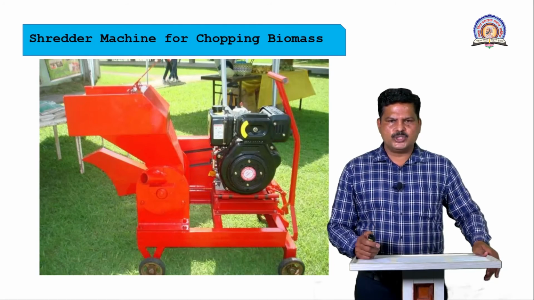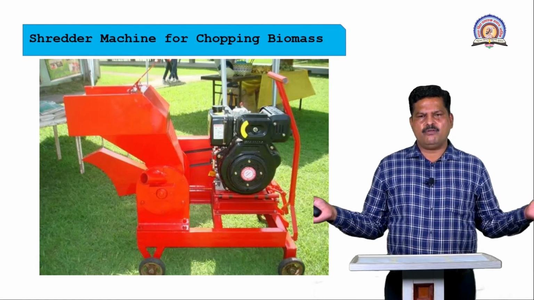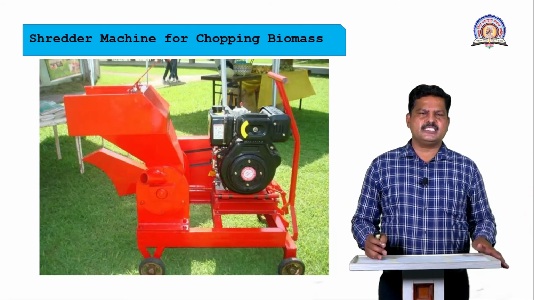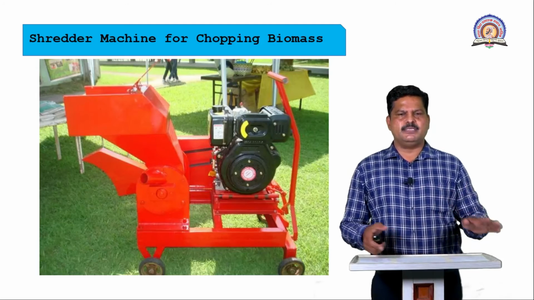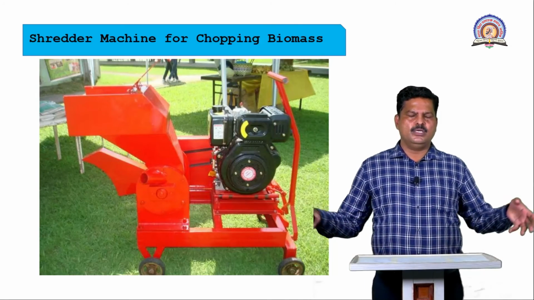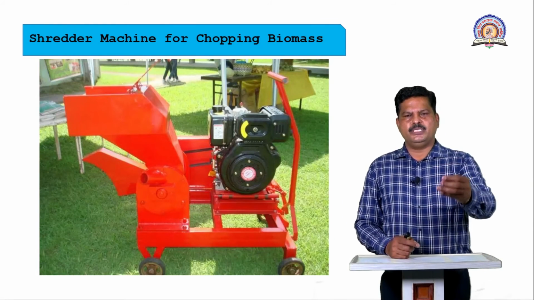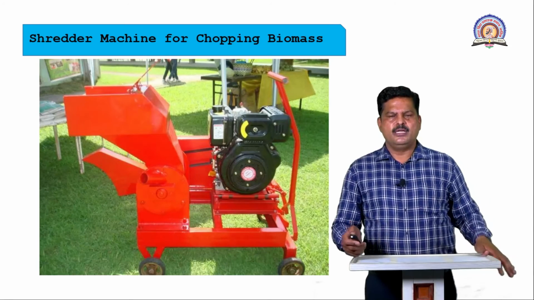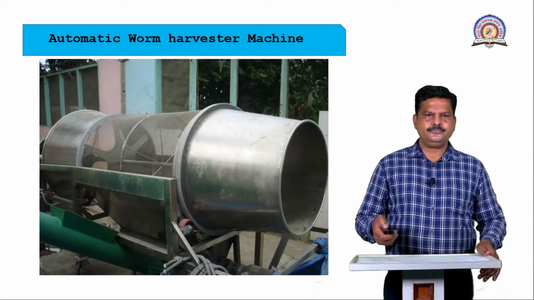Again, this slide shows an automatic shredder machine, means whatever material we collect from different sources is chopped into small pieces by using this machine, and this machine is called a shredder machine. You introduce the waste, and finally by the activity of this machine, that material is converted into small pieces, so it can easily decompose in the soil.